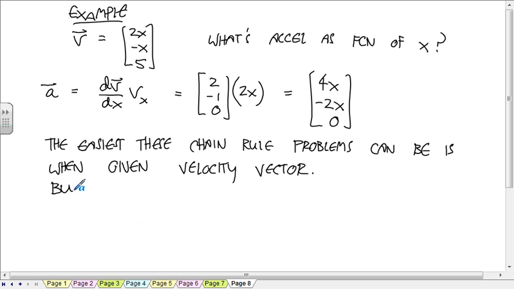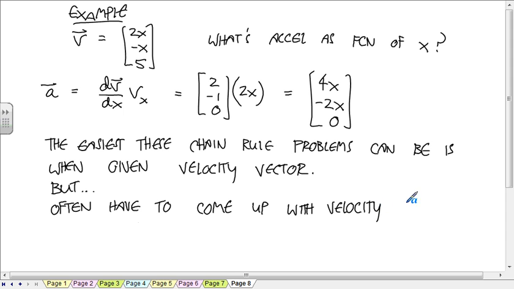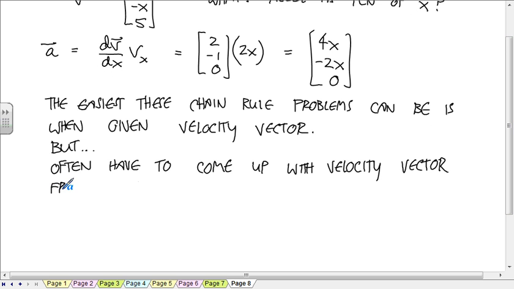But often you have to figure out the velocity vector based on a speed and information about the path. So you have to come up with the velocity vector from the speed and the path.